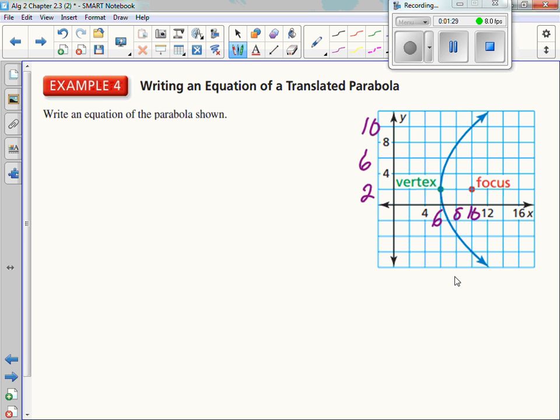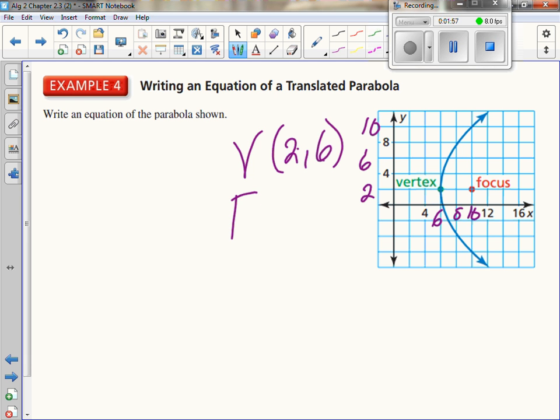So this vertex here is 2, 6, because it went over 6 and up 2. And I got that by just looking at the points that they gave us: 4, 12, 16, 1, 2, 3, 4, 5, 6, 7, 8, 9, 10, 11, 12. Each one of those lines is going by 2 units, and the same way going up and down. So the vertex is 2, 6.